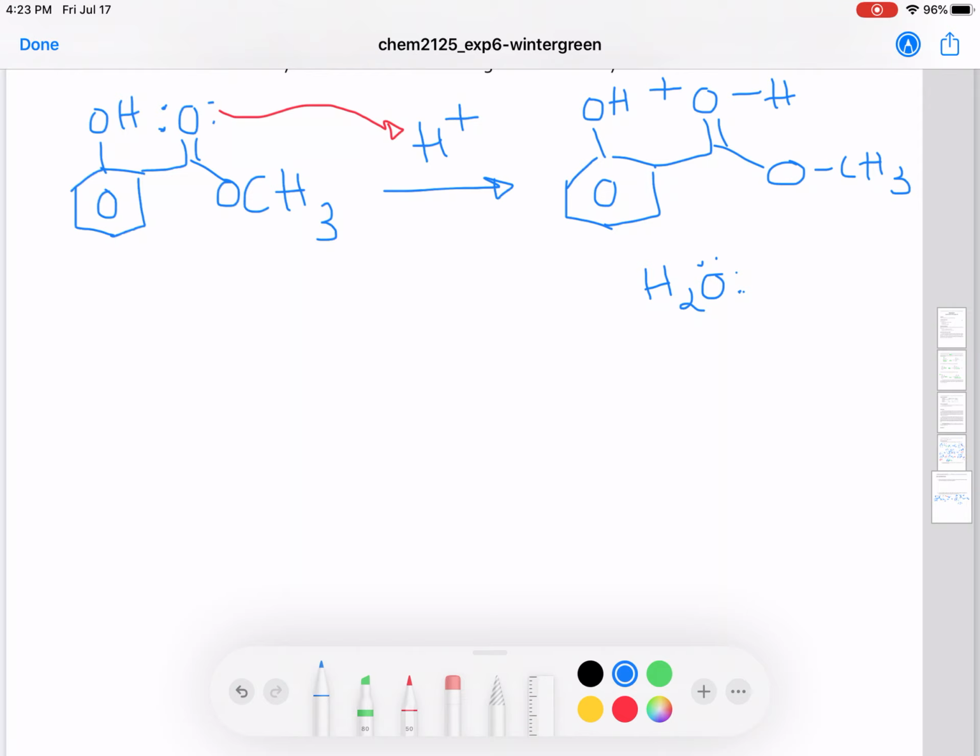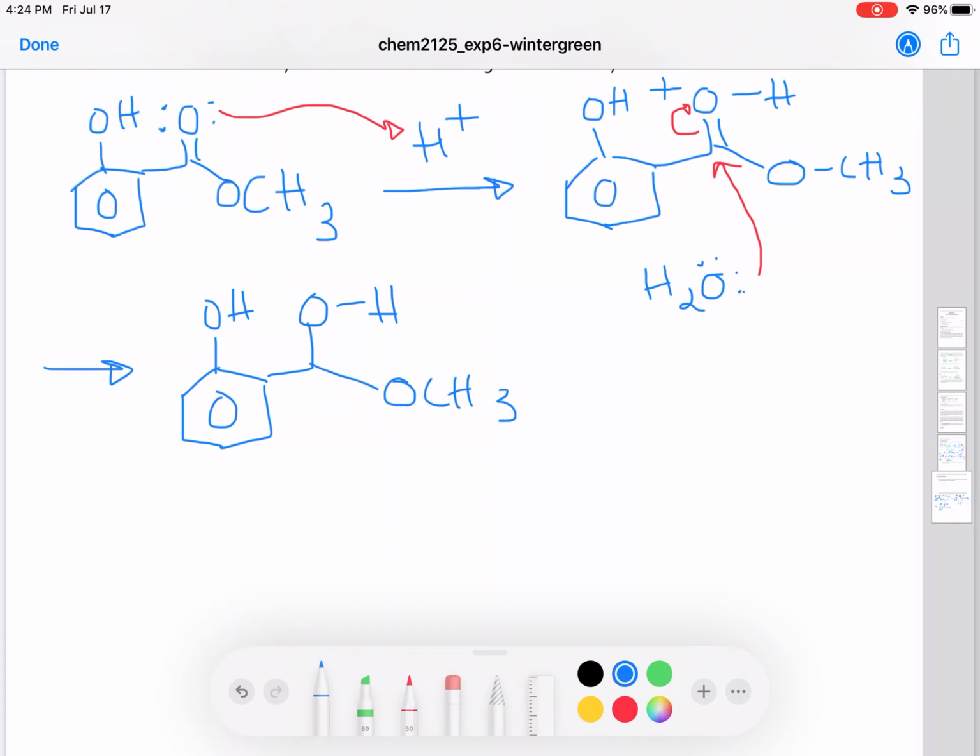But now that oxygen is positively charged, so the water molecule can act as a nucleophile and it's going to attack the carbonyl carbon, giving you this intermediate, OH, and then we have OCH3 and OH.